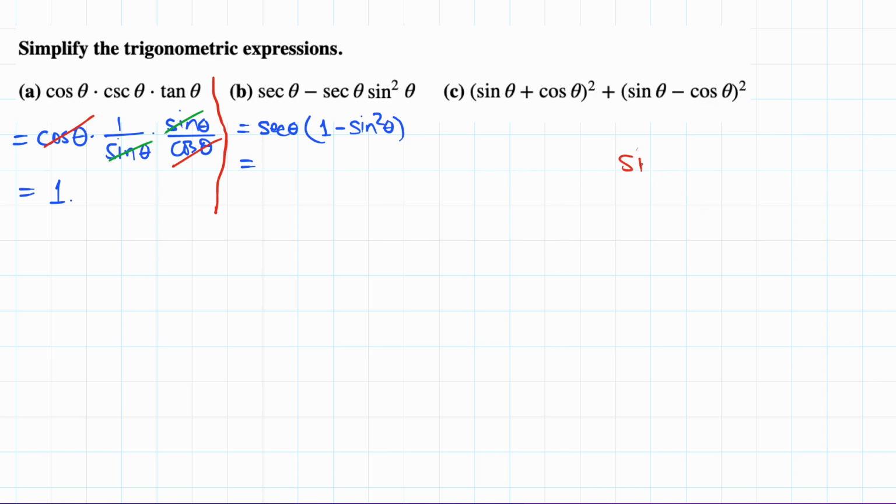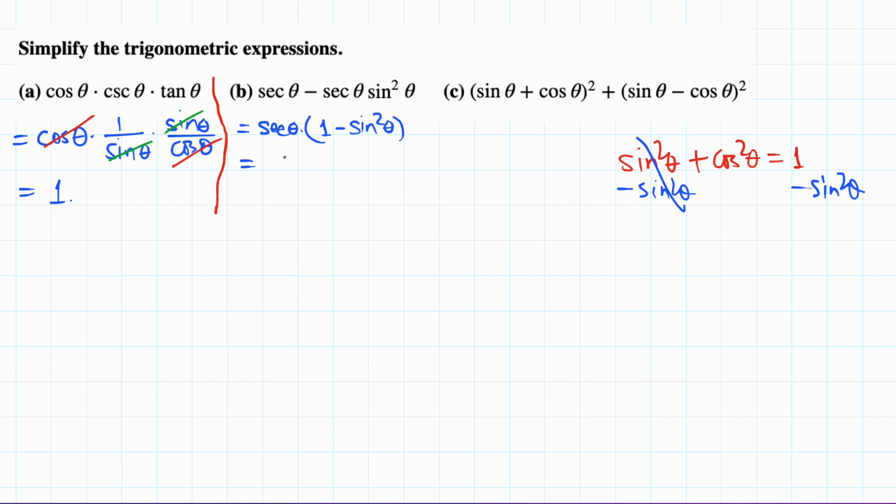We know that sine square theta plus cosine square theta is 1. If I subtract sine square theta from both sides, then I get cosine square theta equals 1 minus sine square theta. So 1 minus sine square is essentially cosine square theta.